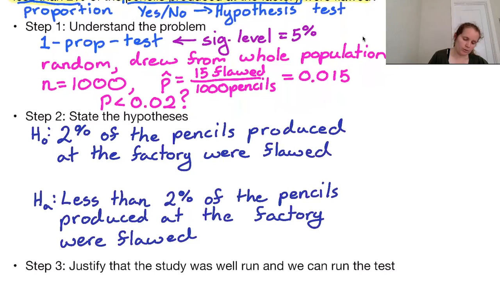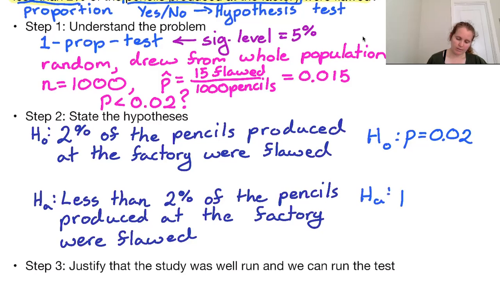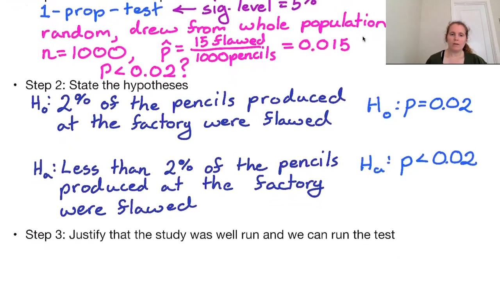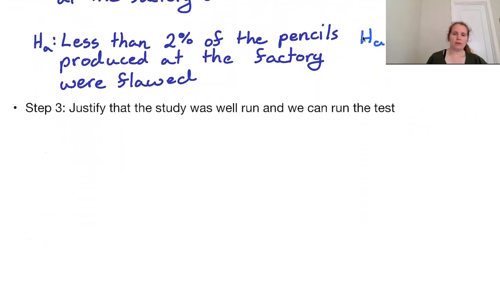Putting this in symbol notation, we're talking about proportion. So we use p is equal to 0.02, and our alternative hypothesis is that p is actually less than 0.02. From here, we have to justify that the study was well run and that we can run the test.